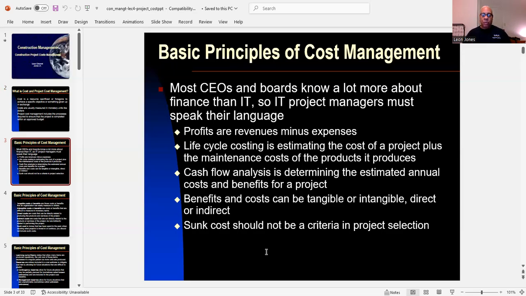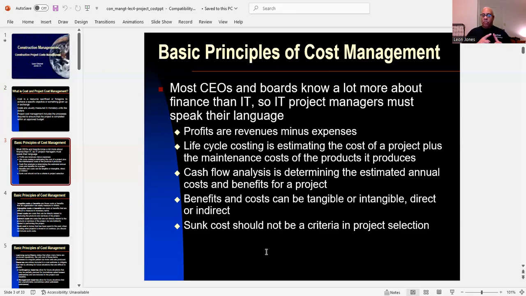But as I continue, part of cost management, again, we deal with life cycle costing, and that is basically estimating the cost of a project plus the maintenance cost of the products it produces. Then we deal with the cash flow analysis, and that's basically determining the estimated annual cost and benefits for a project.